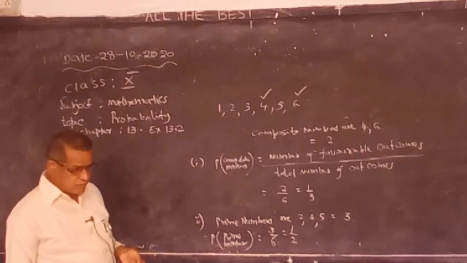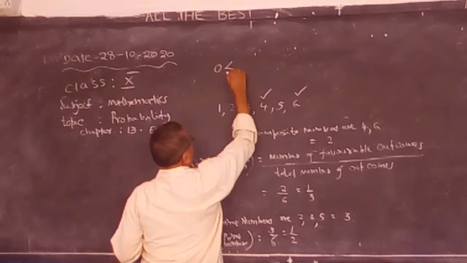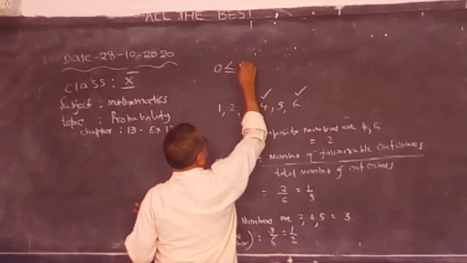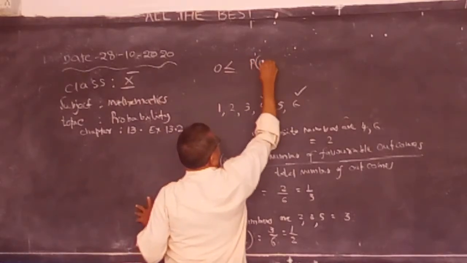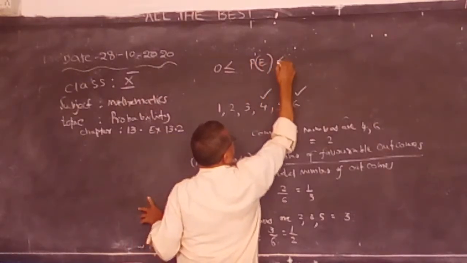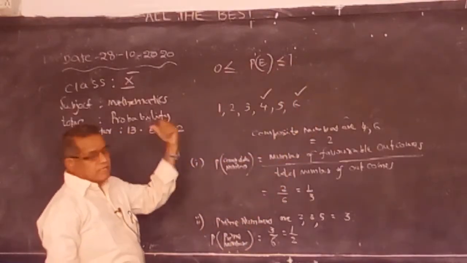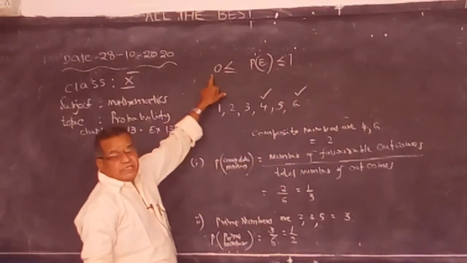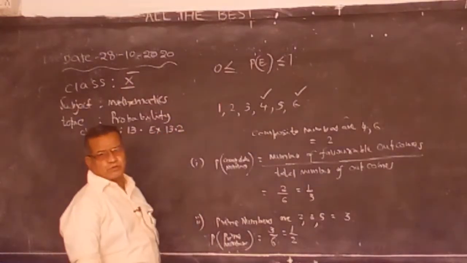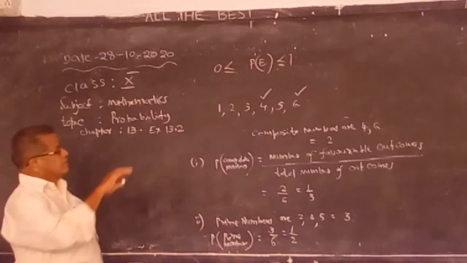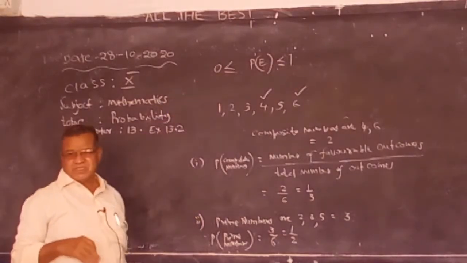Its value always lies between 0 and 1. Answer may be equal to 1 or less than 1. Answer may be equal to 0 or greater than 0. Not more than 1, not less than 0.